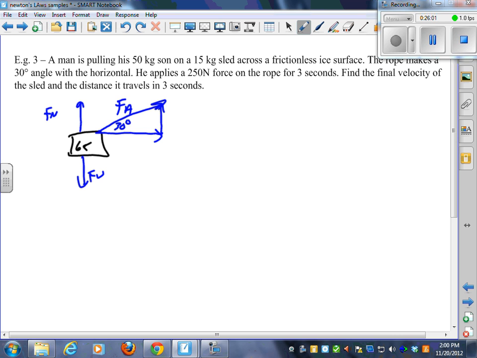So Matt, if I increase that 30 degrees to say 60, would there be more or less pulling it sideways? Less, right? So it matters. I need a name for that pulling it sideways force. We call this the horizontal component, FH. FH is the horizontal component.